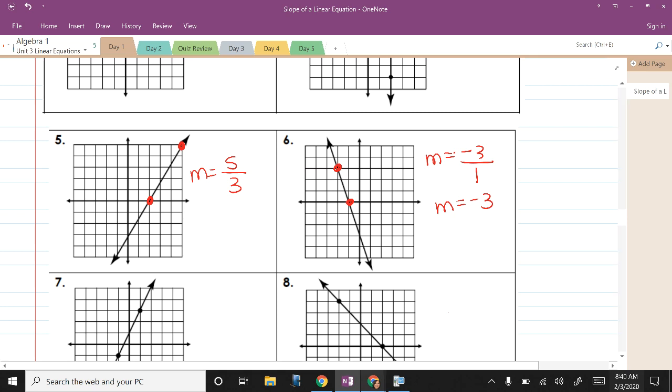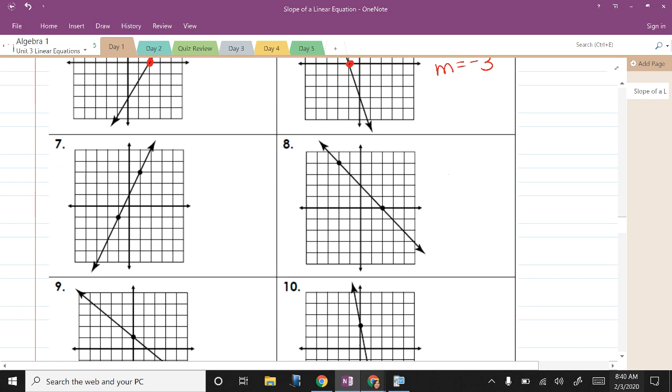All right, I want y'all to quickly do the rest of the page. 7 through 16. Like 5 minutes.